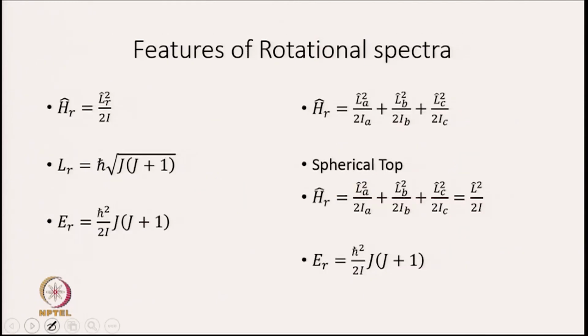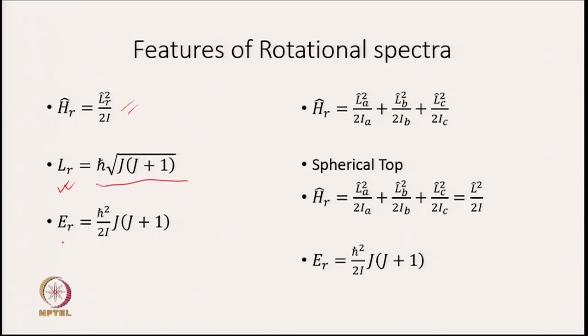So, once you know the wave function, we also know what the Hamiltonian will be. The Hamiltonian is generally given in terms of the momentum operator, L square divided by 2I. When you apply this operator on the wave function, you can get the momentum value, and that is h bar under root J(J plus 1).